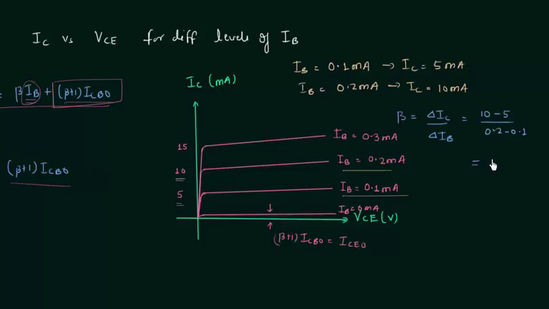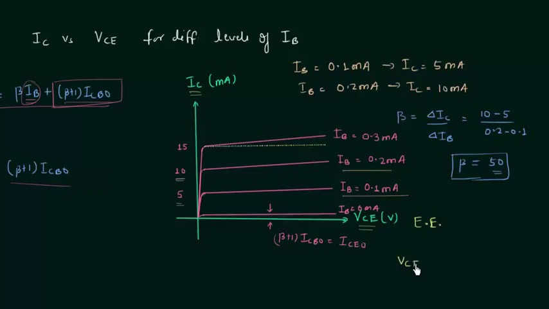When you solve this, you will have 50. So beta, the current amplification factor, is equal to 50 for this characteristics. And you can see the slope is not equal to 0. The slope is not equal to 0 because IC also depends on VCE due to the early effect.